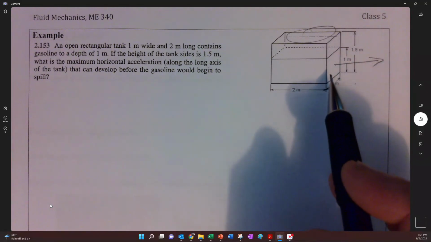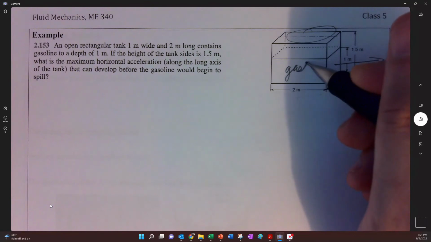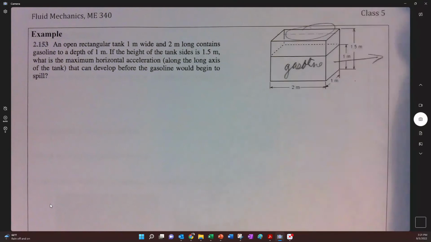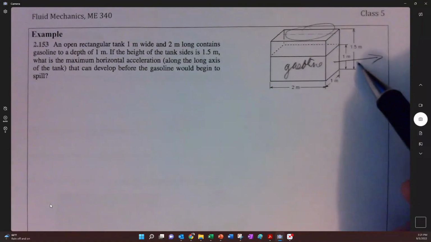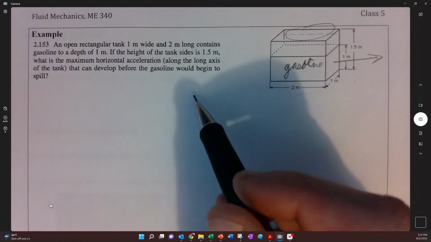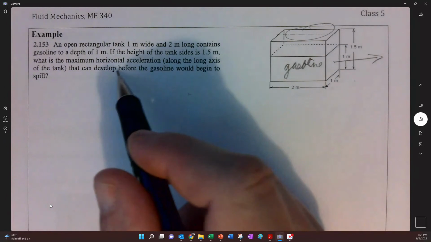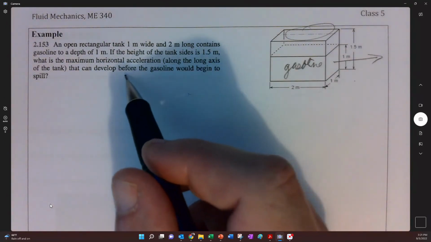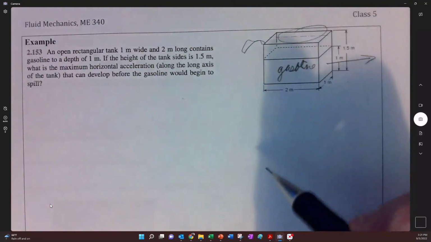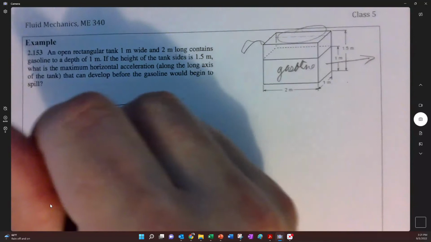When you start out right there, the gasoline is full to 1 meter, and we want to find how much, what's our maximum horizontal acceleration that we can have so that the gasoline will not start spilling out, right? So I redraw my little figure right here so I can kind of narrate this to myself.